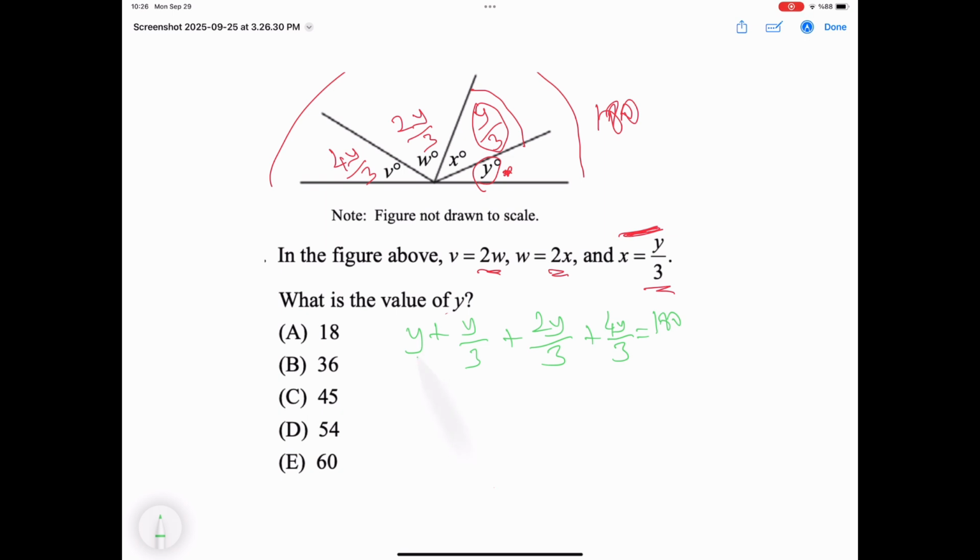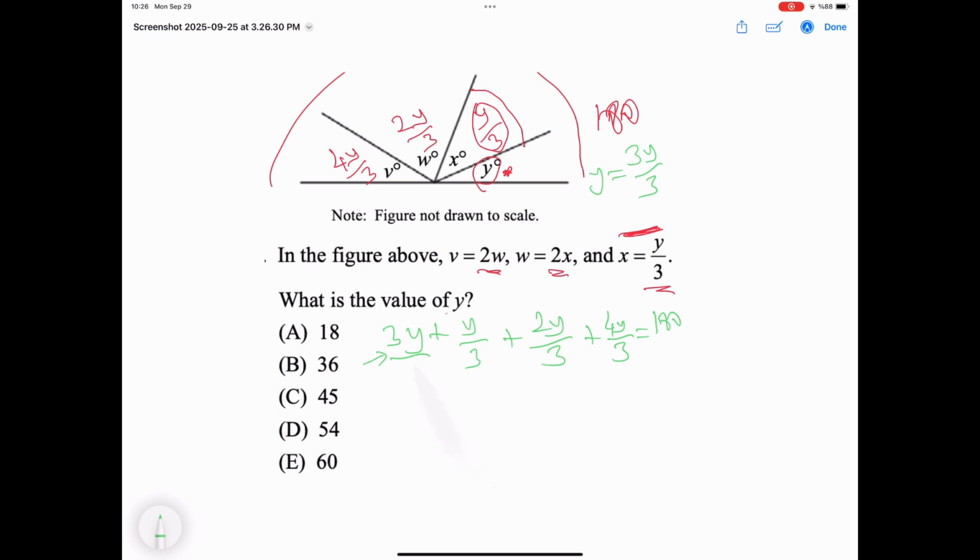Okay, all of them are divided by 3, so let's write y as 3y over 3, so it will make things easier for us.